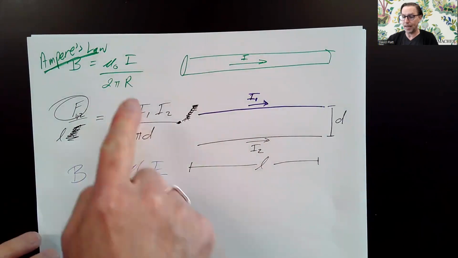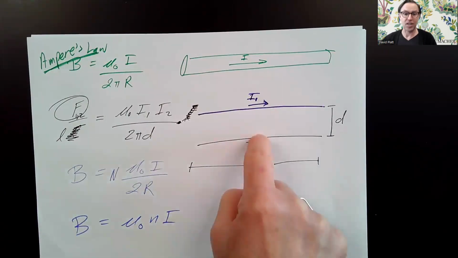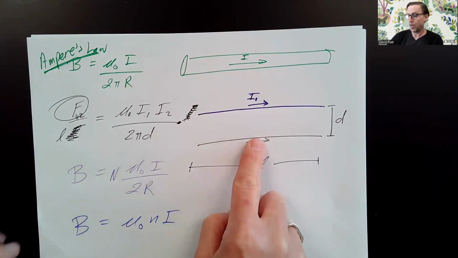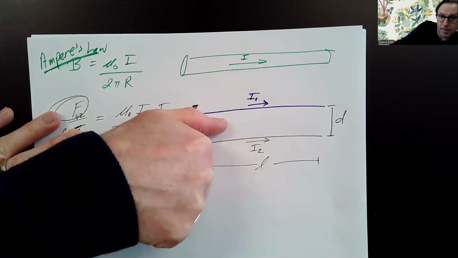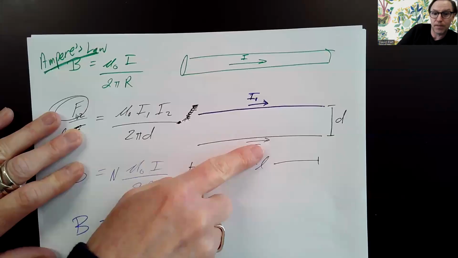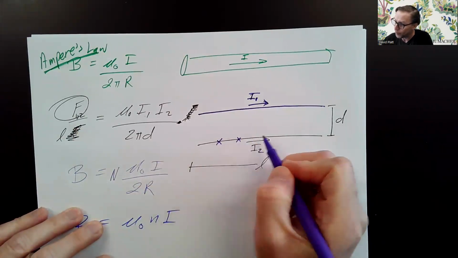Well, as we learned in Ampere's law, it's in different directions at different locations. So what I care about is what direction the magnetic field is here, because it's the magnetic field here that's going to push this wire. So I'm going to make my right thumb point that direction, and I see that at the location of this wire, the magnetic field points into the page.